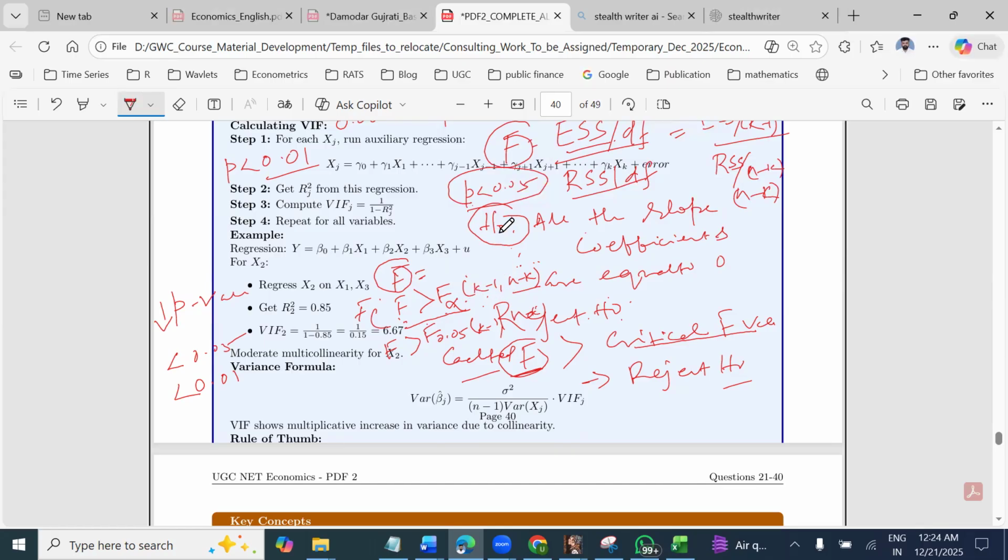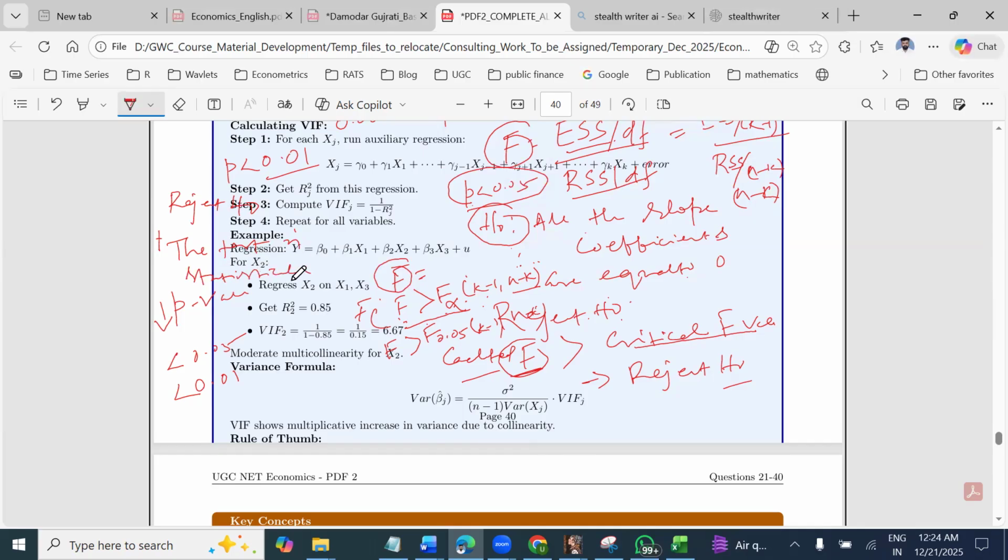Then what will we do? We will reject the null hypothesis, and when we reject the null hypothesis, we say the test is statistically significant.